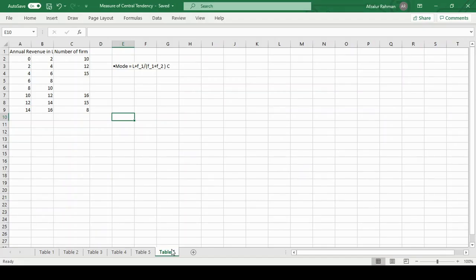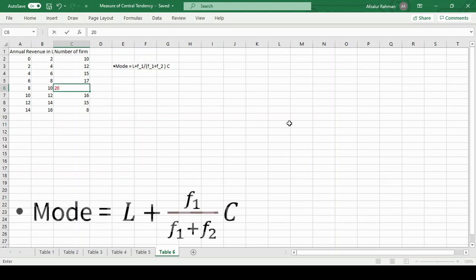So now tell me, this is the group data: 0 to 2, 2 to 4, 4 to 6, 6 to 8, 8 to 10. All these are groups. Now these are the frequency numbers.